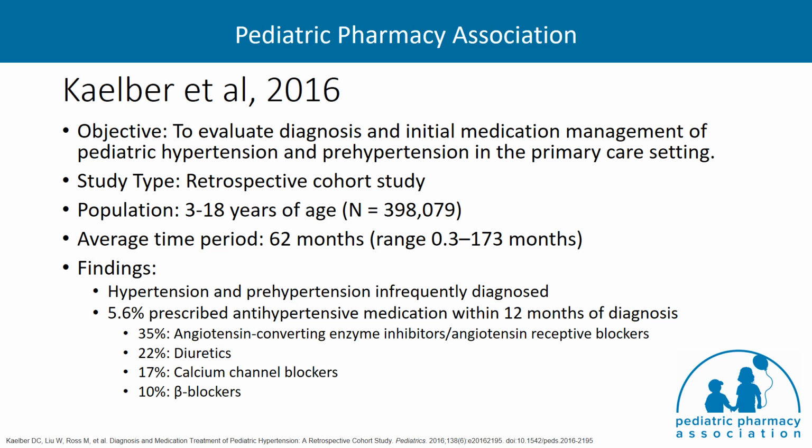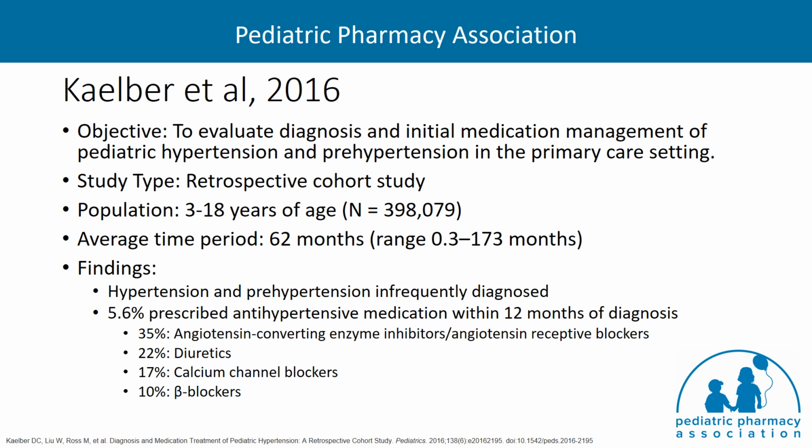I did just want to go ahead and touch upon a study that was found in the literature by Kilber and colleagues that was published in Pediatrics back in 2016. So this was a retrospective cohort study that looked at patients from 3 to 18 years of age and seeing the diagnosis and initial medication management of pediatric hypertension and prehypertension in the primary care setting.